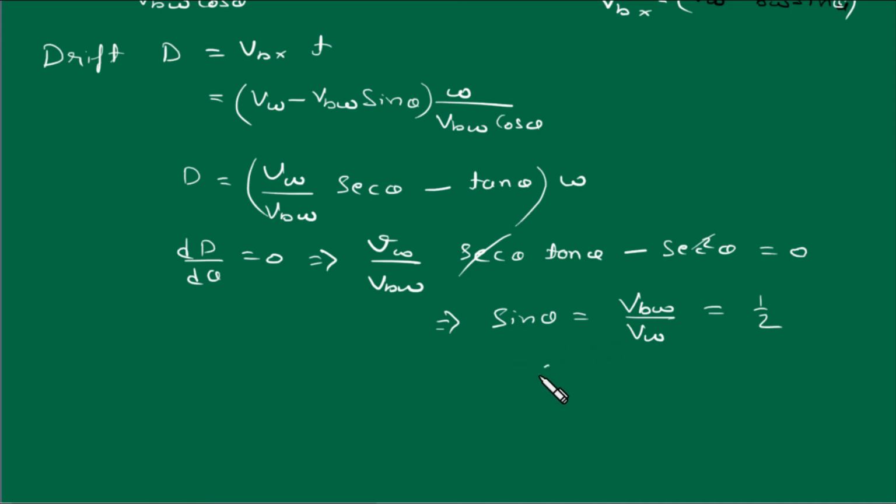So here we have got theta is equal to 30 degree, and the answer must be theta plus 90, because they have asked in what direction with respect to the direction of the flow of the current. So that is 120 degree with the direction of the current.